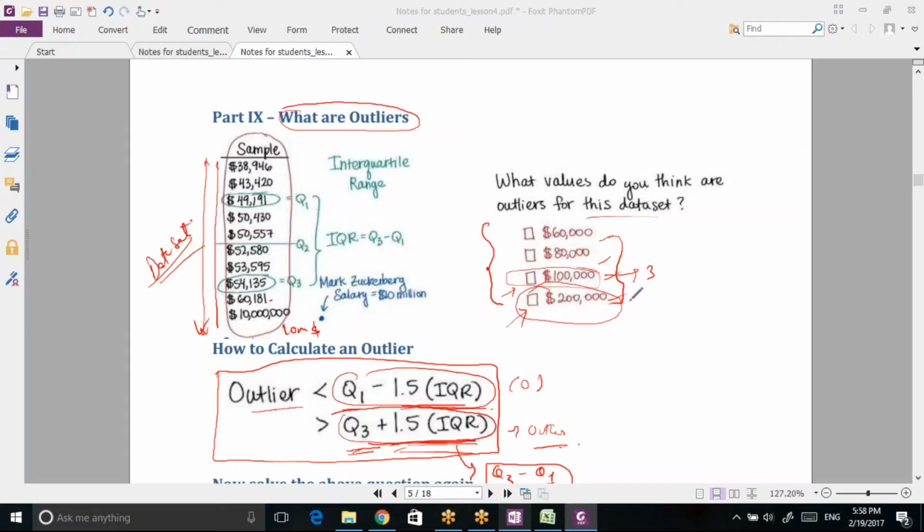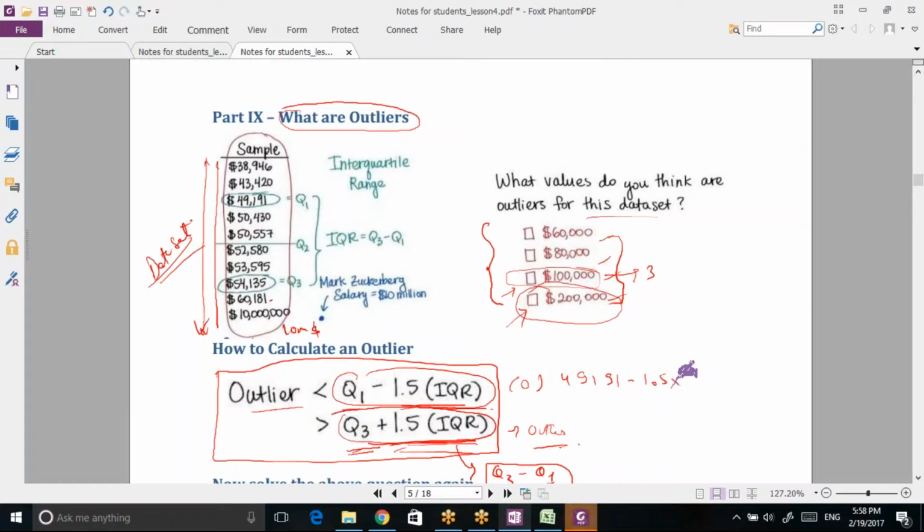So what is the first answer? 41781. No, my answer was 41700. Okay, let's check it out. What is Q1 here? 49191. 49191 minus 1.5 times IQR.